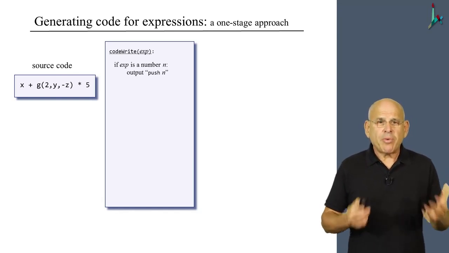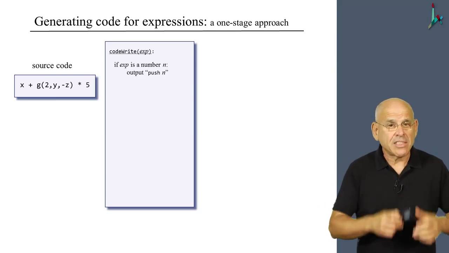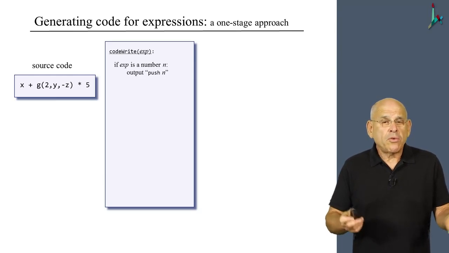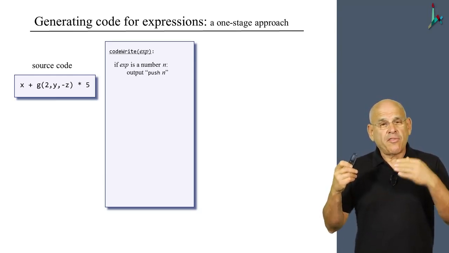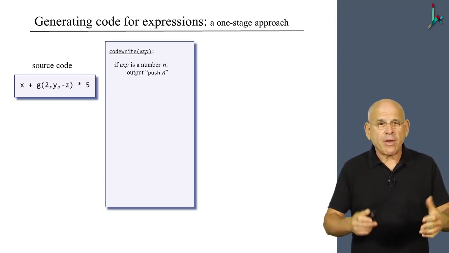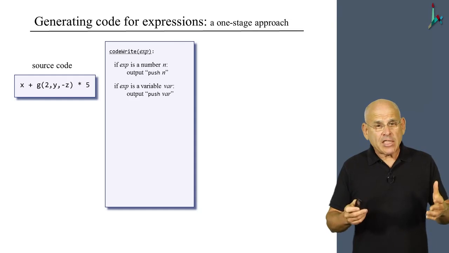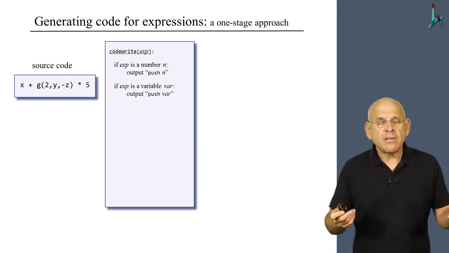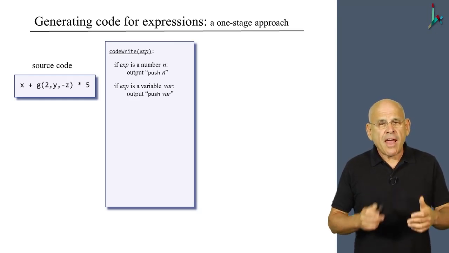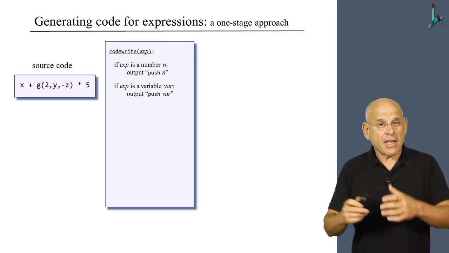Now, if the expression is a number like 5, the last token in this input example, then all we do is output the VM statement push 5, or if you want to be accurate, push constant 5. If x happens to be a variable, like x, the first token in this input, then we output the VM command push x.